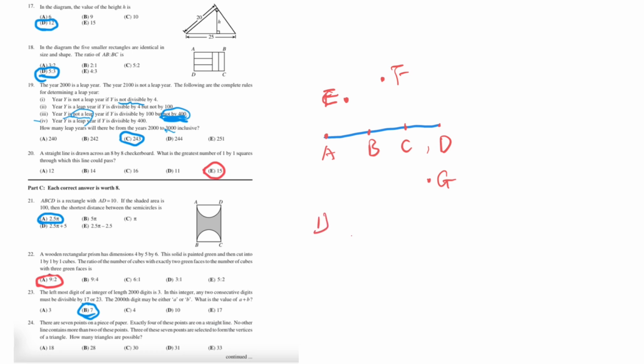First the case, we choose the 2 from the A, B, C, D. So 4 choose 2. That's how many ways we can choose. And another E, F, G, 3 points, we choose 1.